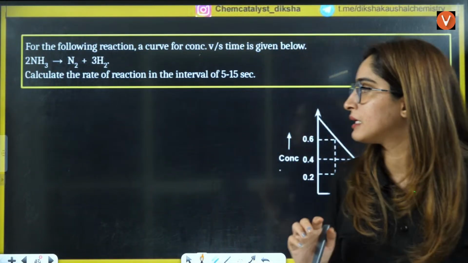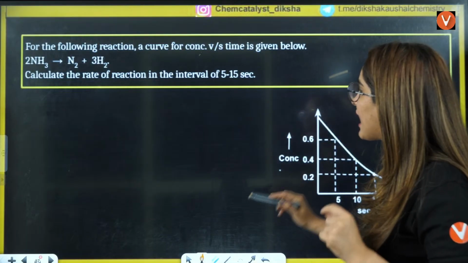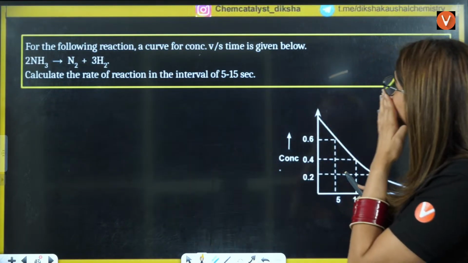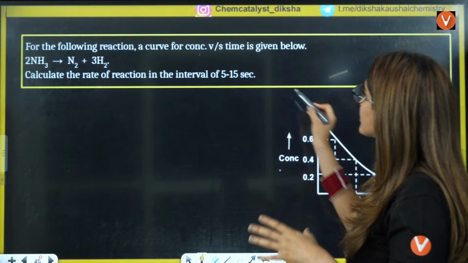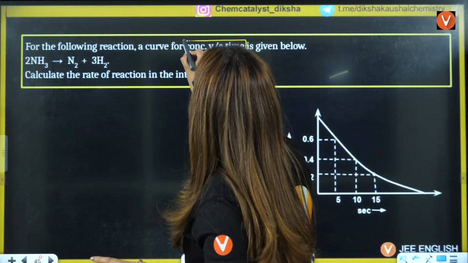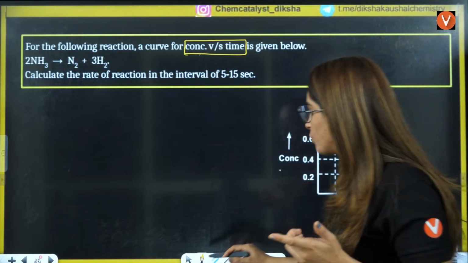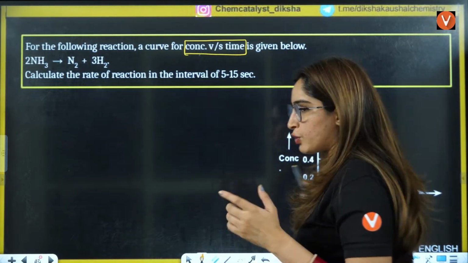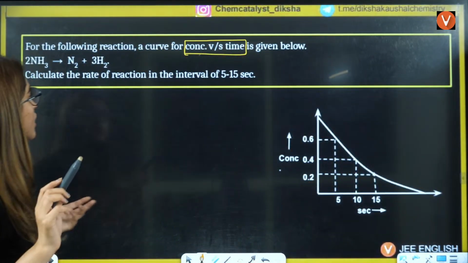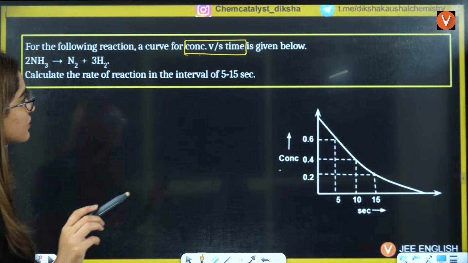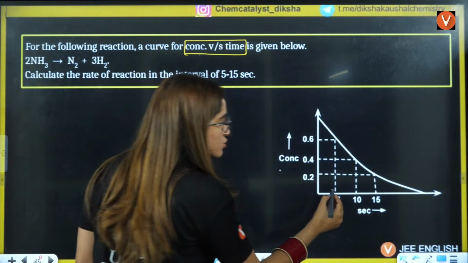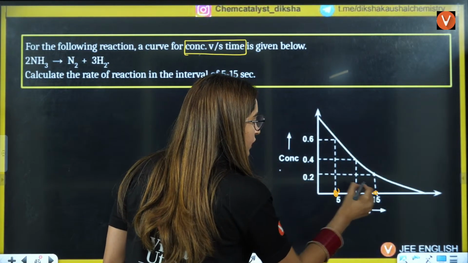Okay. Now, next is, for the following reaction, a curve of concentration versus time is given below. 2NH3 gives N2 plus 3H2. So how to solve this? If you see this, I calculate the rate of reaction in the interval of 5 to 15 seconds. So this is 5, this is 15.